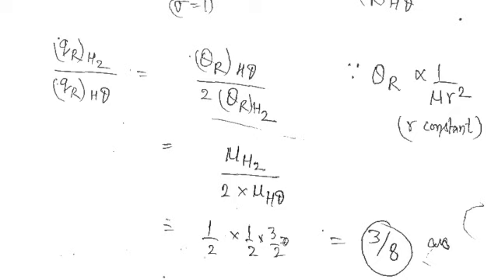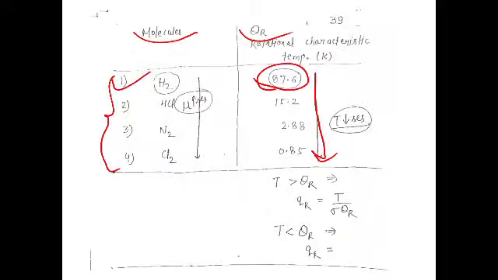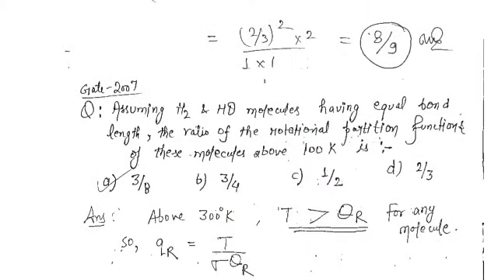So theta r for HD becomes 1 upon nu HD, and for theta r H2 it becomes 1 upon nu H2. So nu H2 goes in the numerator and nu HD comes in the denominator. We put in the values and got the answer as 3 upon 8. So option A is correct.